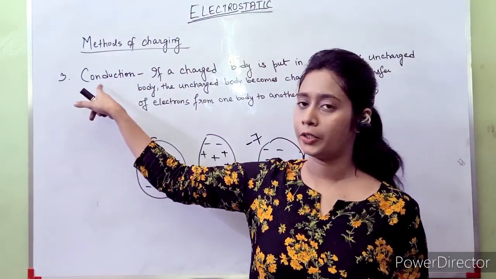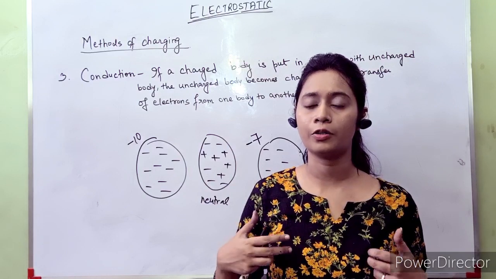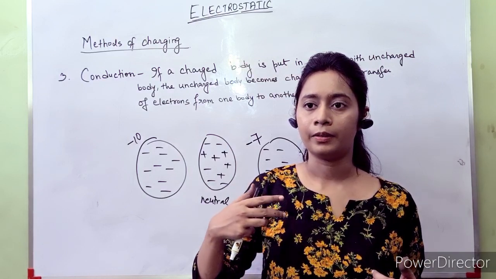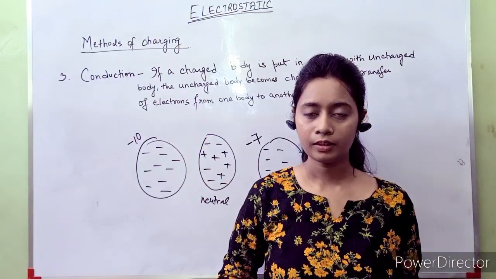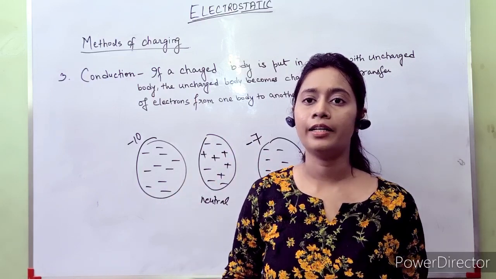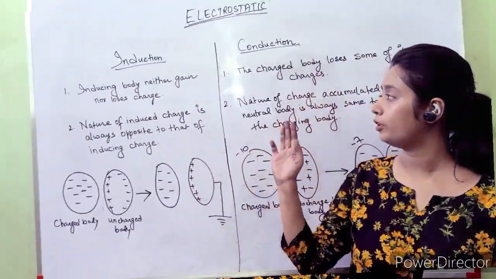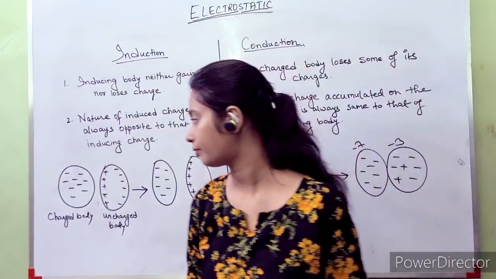Due to conduction, all the excess charges on your body will try to get transferred to the metal knob, and due to flow of electrons, electric current will form and you will get an electric shock.